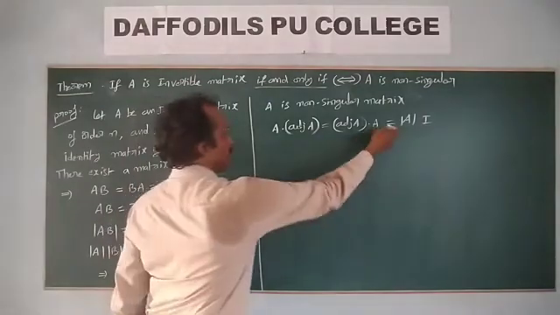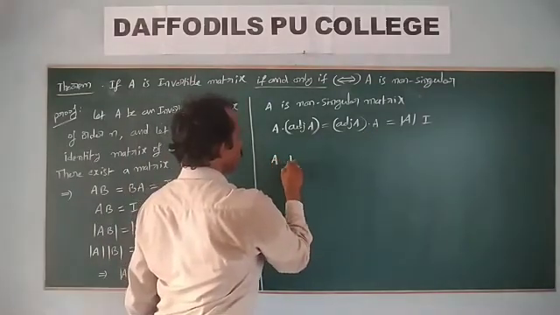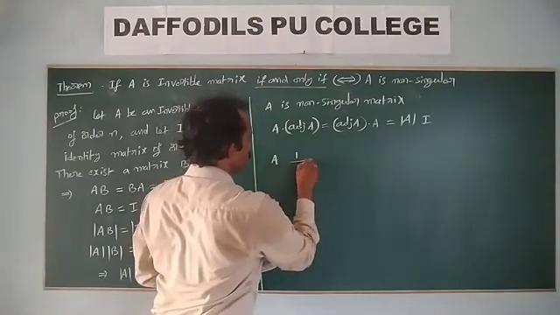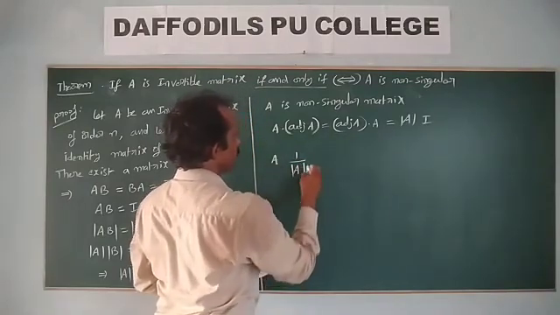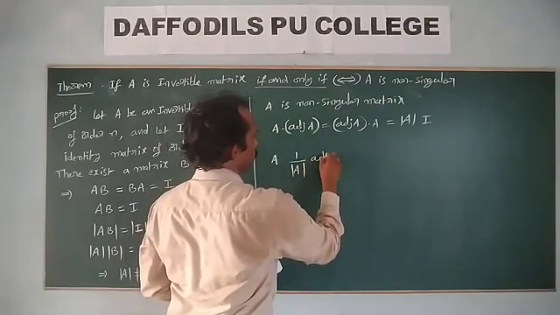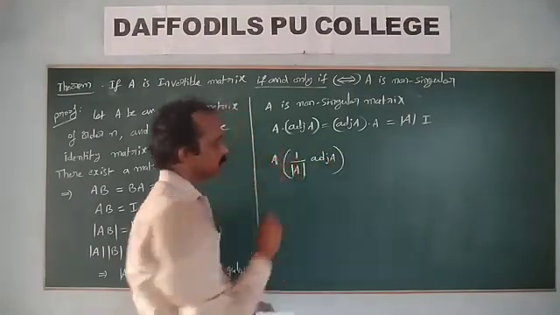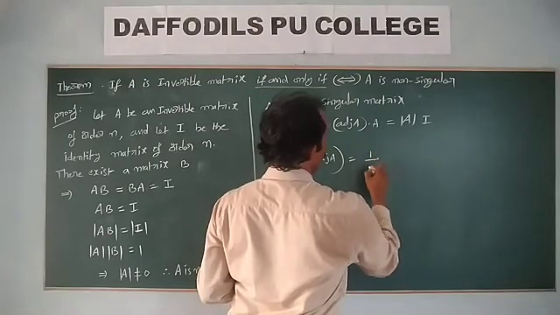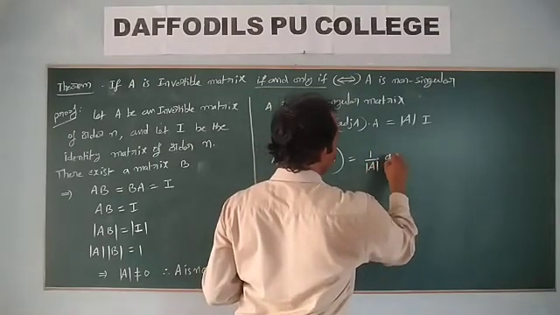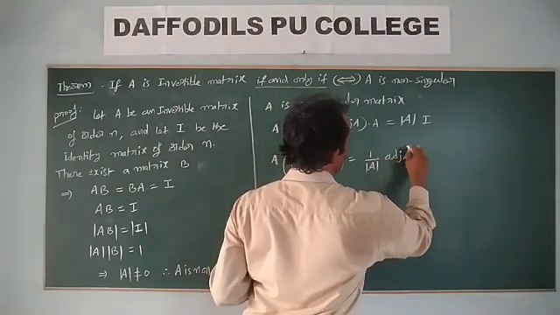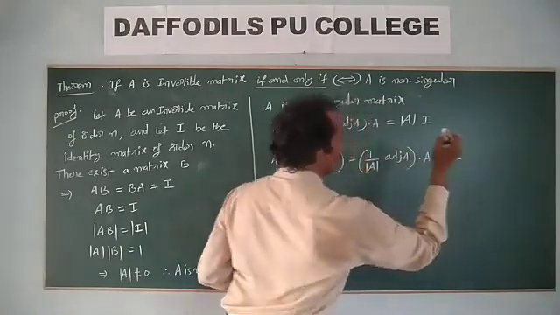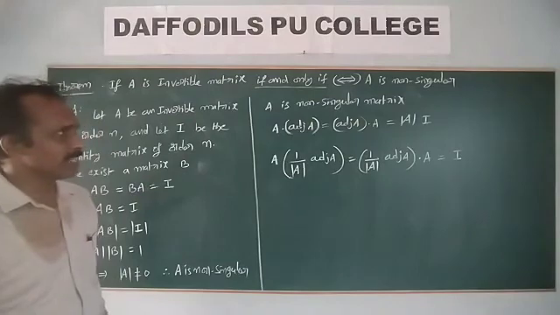Now take det A to this side: 1 by det A into A adjoint A, and 1 by det A adjoint A into A is equal to I.